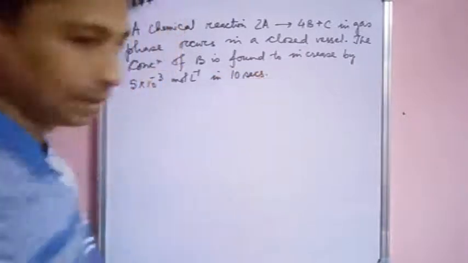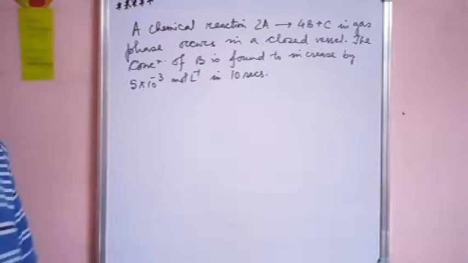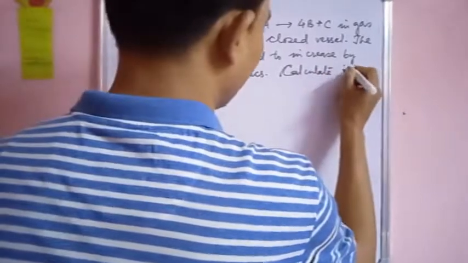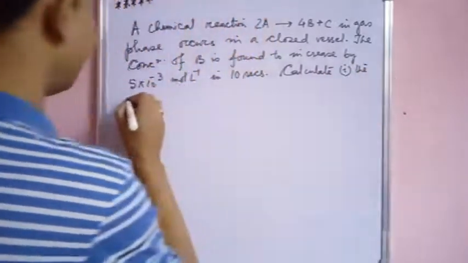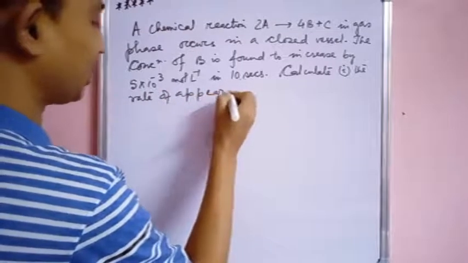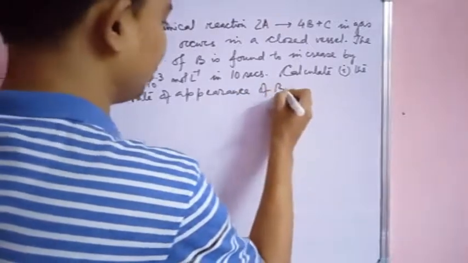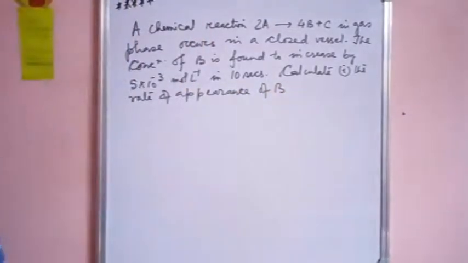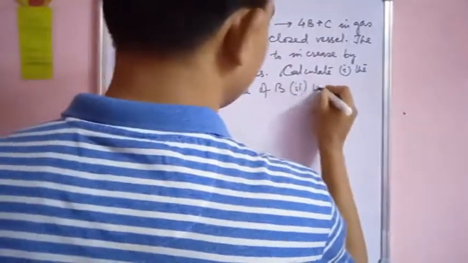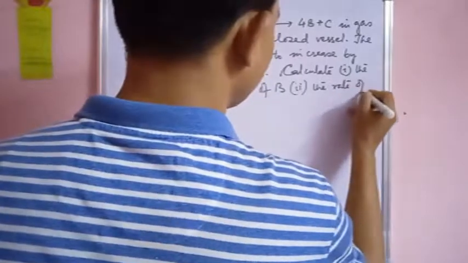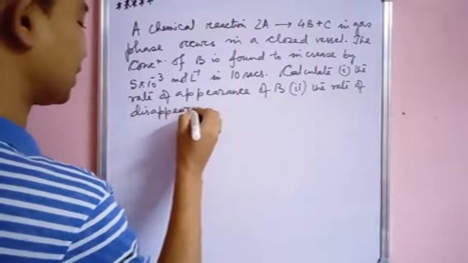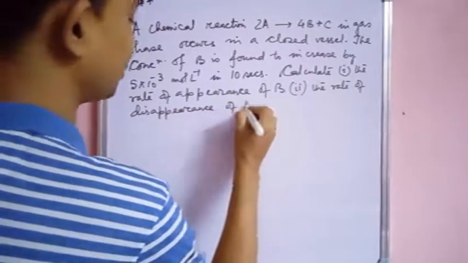Now calculate, number 1, the rate of appearance of B, that is, the rate of formation of B. Number 2, the rate of disappearance of A. Disappearance means the rate of decrease in concentration of A that we have to find.